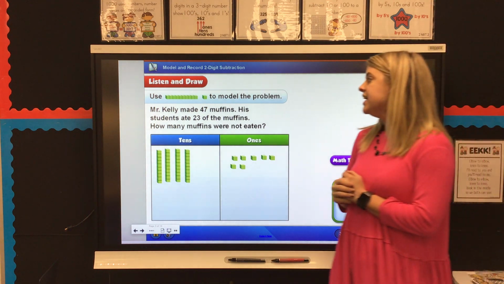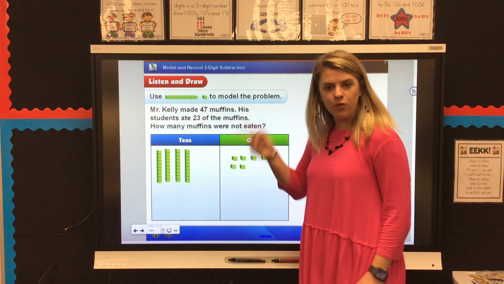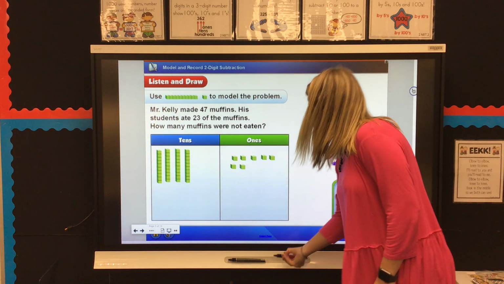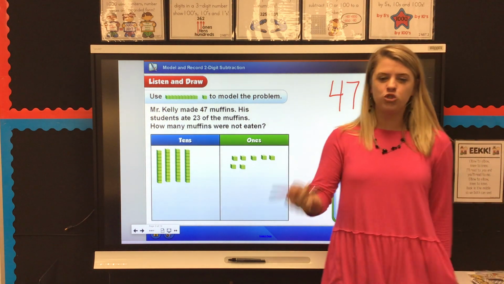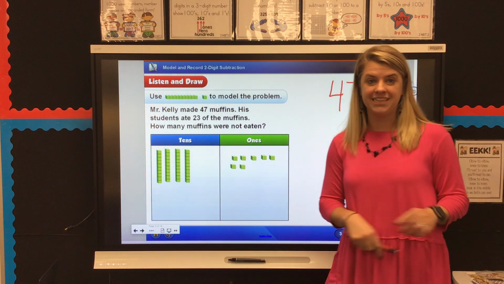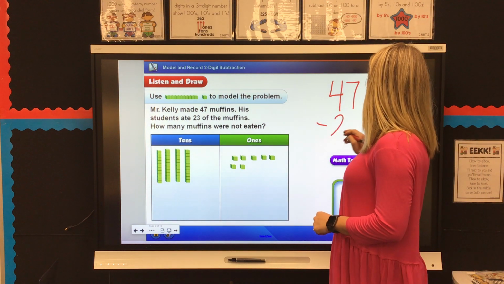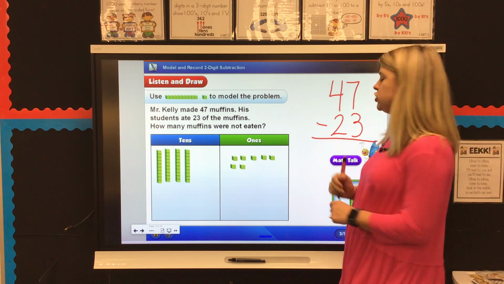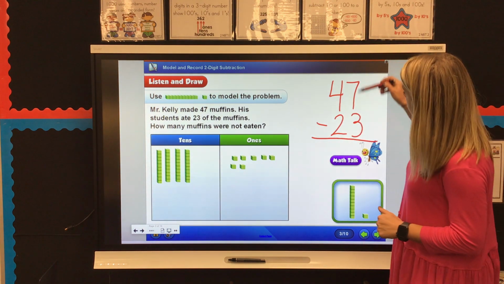Now it tells us that they ate 23 of them. So they had 47 and they ate 23. If you ate something, are you adding more to it or are you subtracting things away? Subtracting. So 47 minus 23. We always start in the ones.